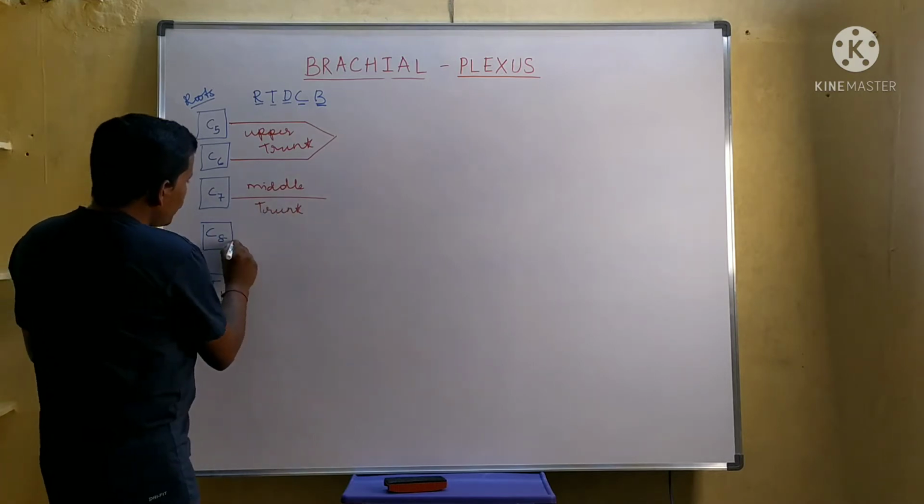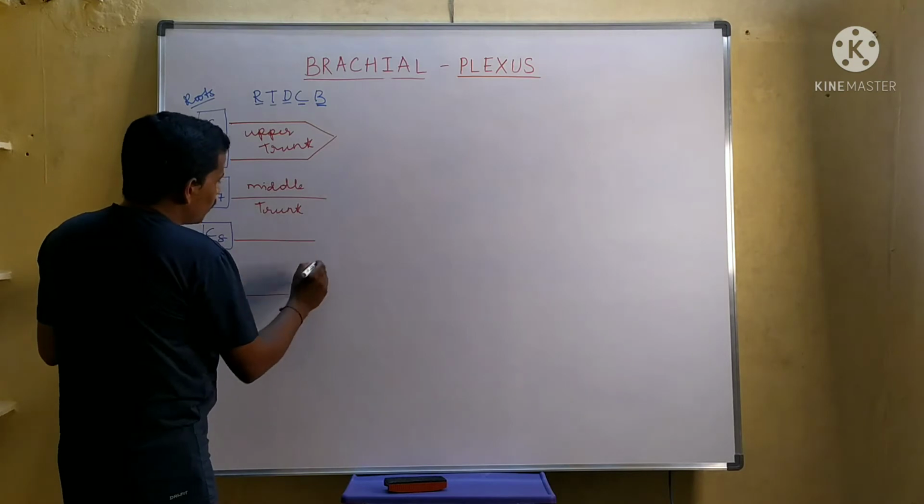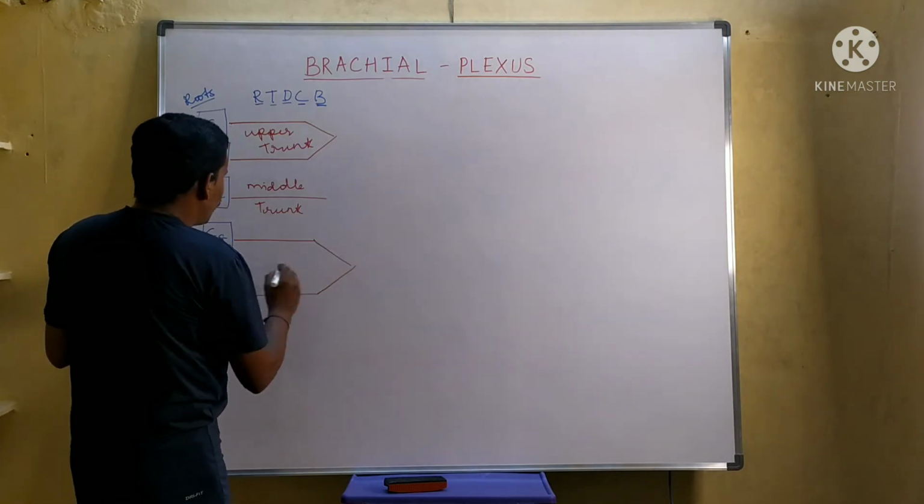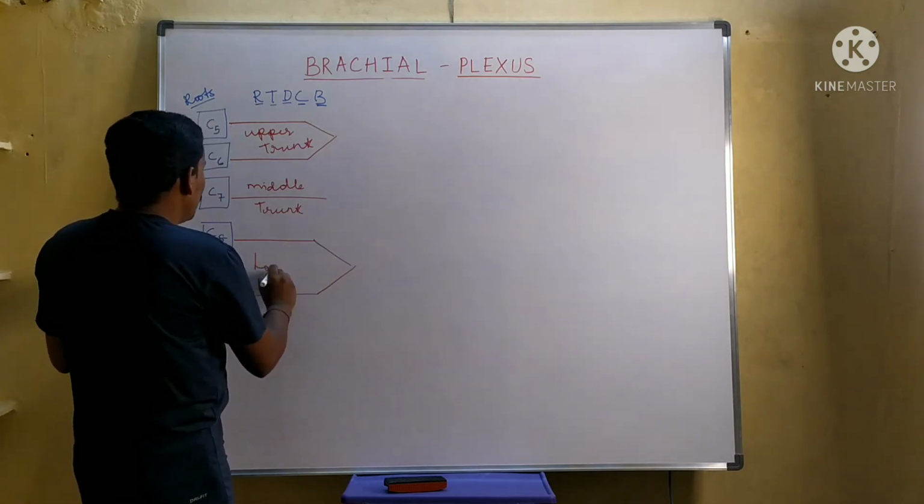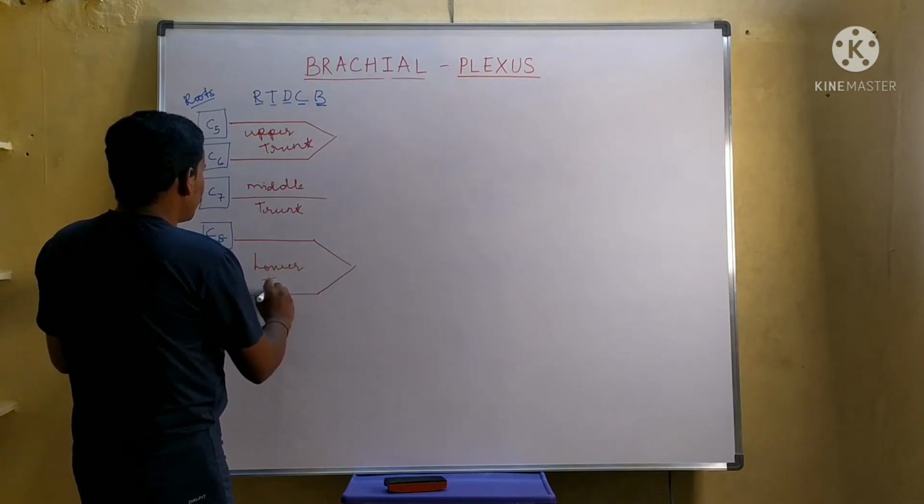The C8 and T1 join to form the lower trunk.